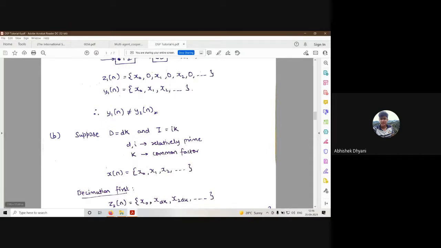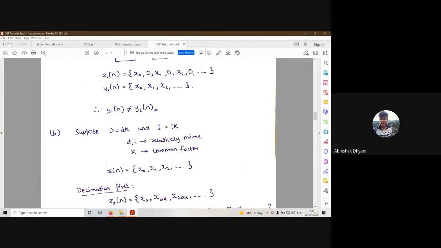So when we pass x of n through a decimator which has D equal to dk, after it selects the first entry, the next entry it will select is xdk. Then the third entry it selects will be x of 2dk, because D is equal to dk. This is the signal that we will get, z2n.